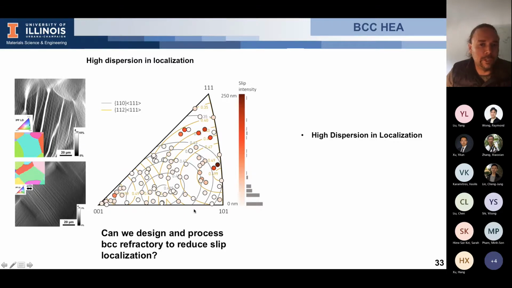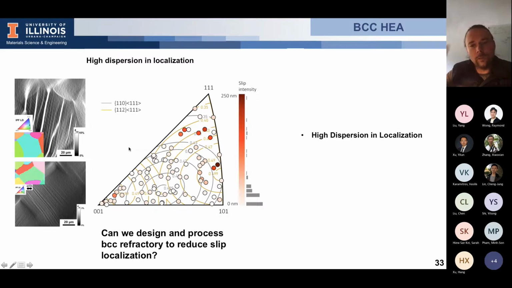So it's a statistical analysis. And the color displays the maximum intensity of the slip for all of the slip bands that develop inside the grain during cycling. And you can see only a few grains develop very high intensity. The grain on the top here, for instance, has very high intensity slip bands. And on the grain on the bottom, you tend to develop a lot of slip bands with a very low intensity.